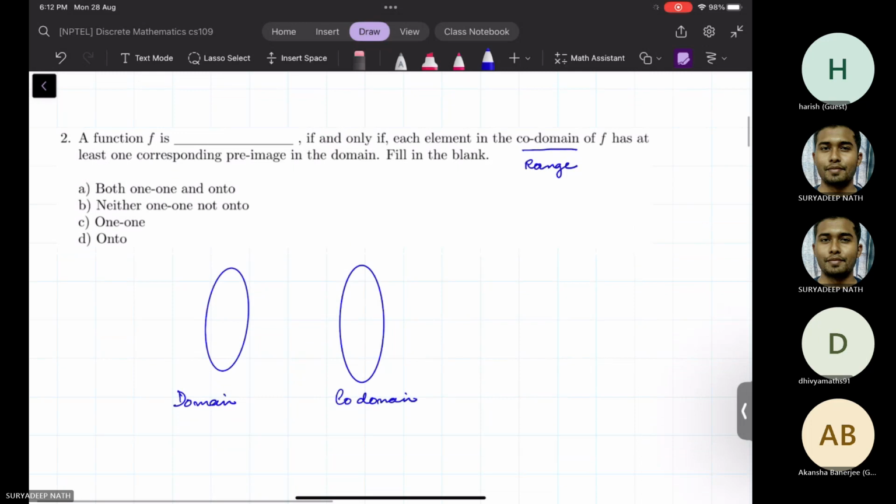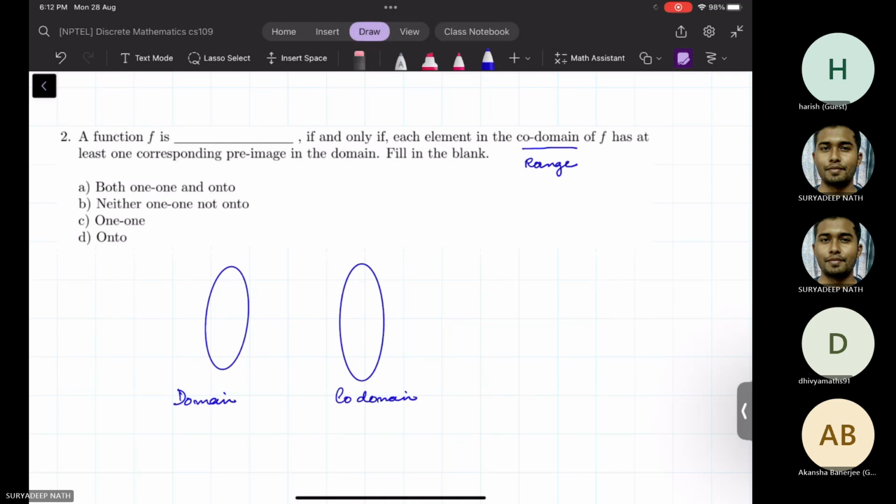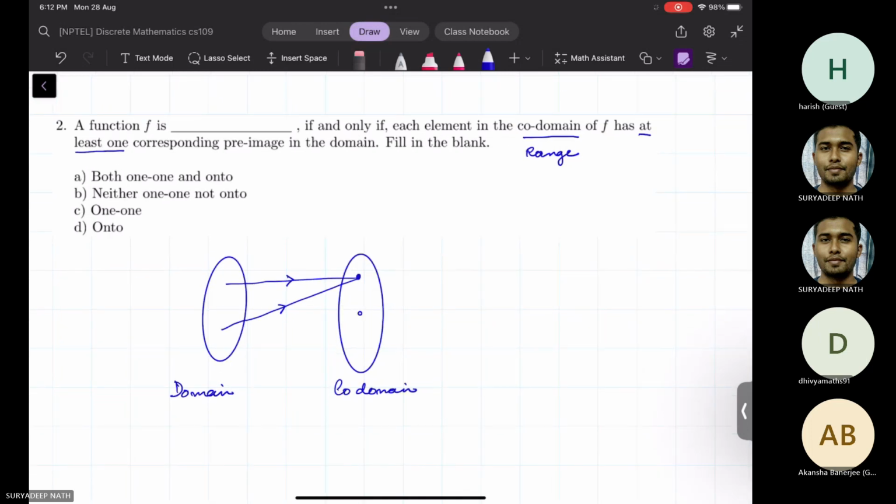Okay, so it says that each element in the codomain, if we take any element in the codomain, has at least one corresponding pre-image in the domain. So they have come from somewhere. They can have multiple pre-images, at least one. It could be like so. Every element in the codomain has a pre-image in the domain set.